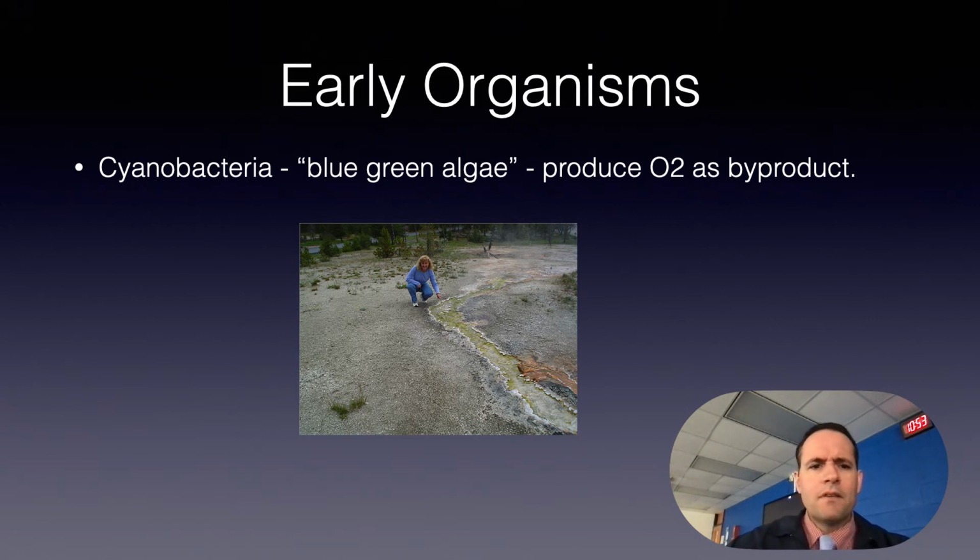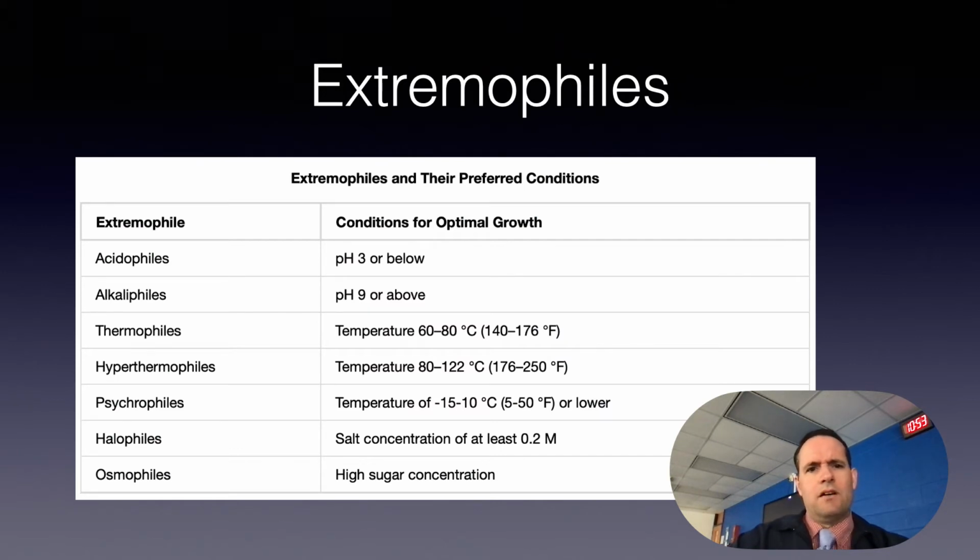Okay. So let's talk about extremophiles. As I mentioned, Archaea are extremophiles. Now, some organisms, and there's a table here that we can look at, have developed strategies that allow them to survive extremely harsh conditions.